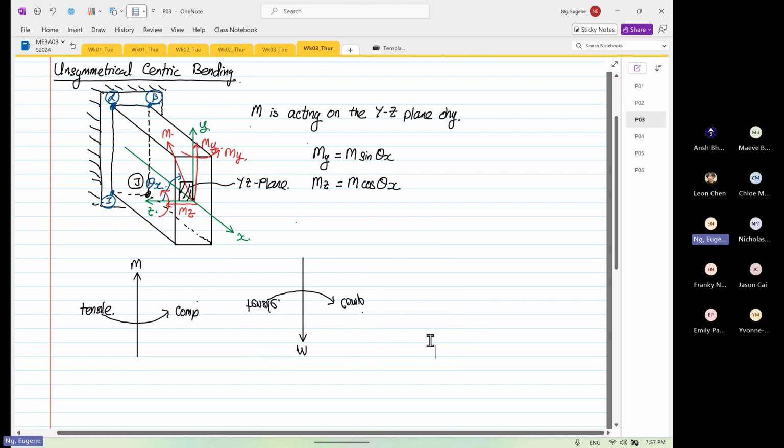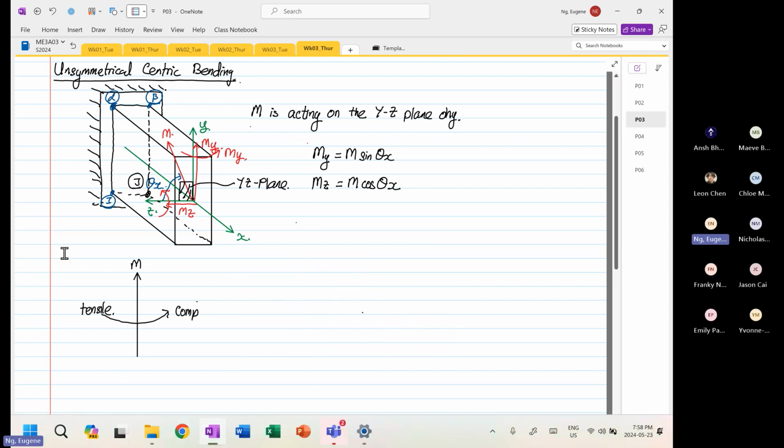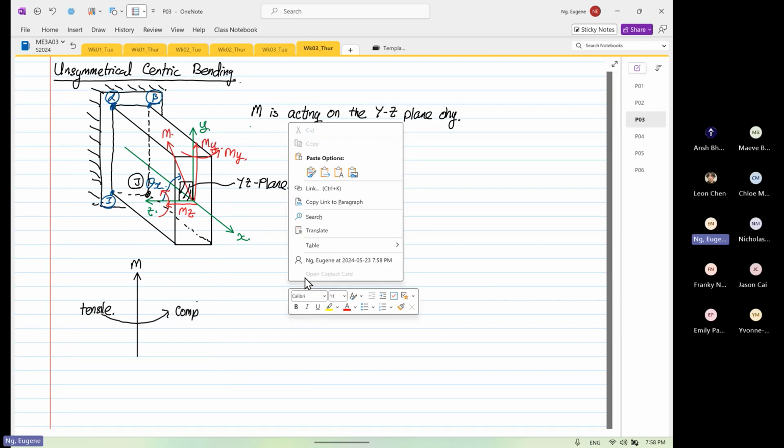Or so if now your moment is coming down this way, by using the right hand rule, how you grab, the moment vector, oh no, sorry, when you grab, it will come this way. I do apologize. In fact, I don't think I should mirror this. I'll tell you what, you should rotate. I do apologize.